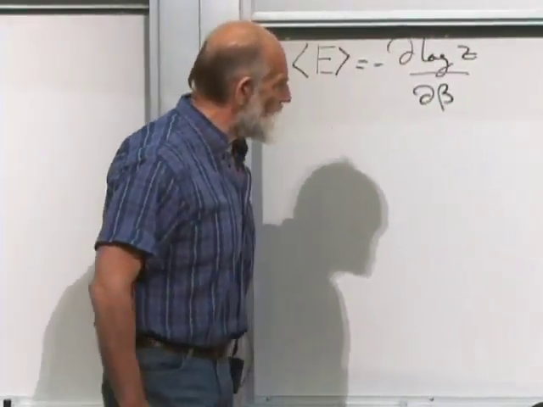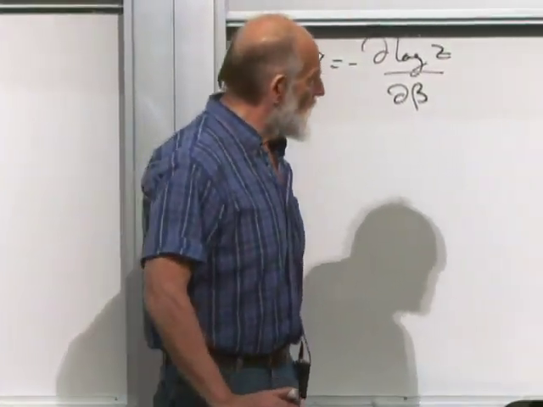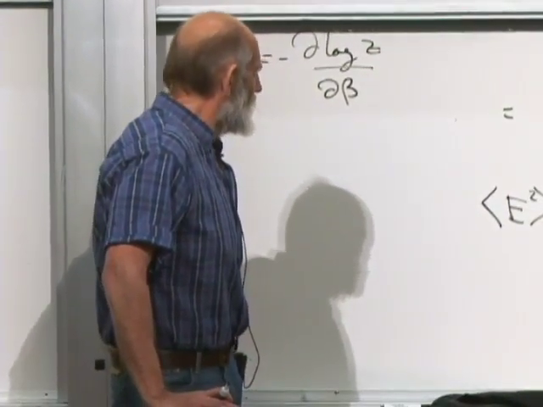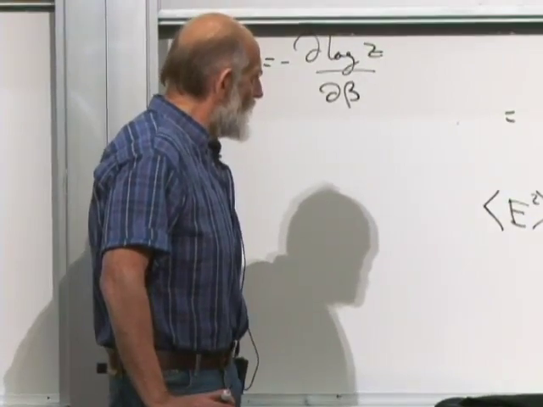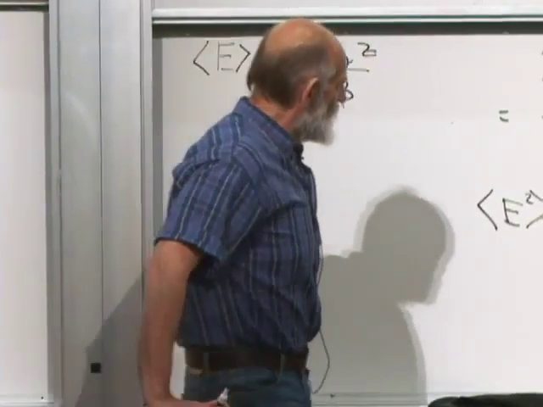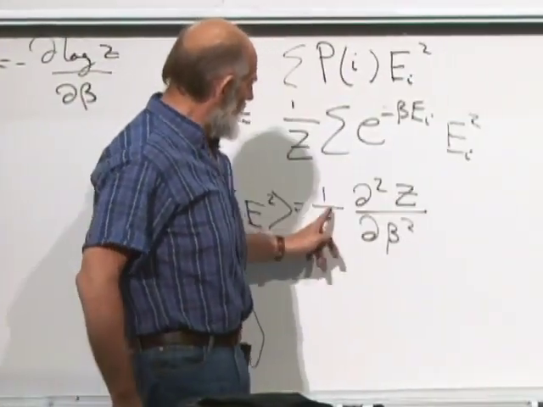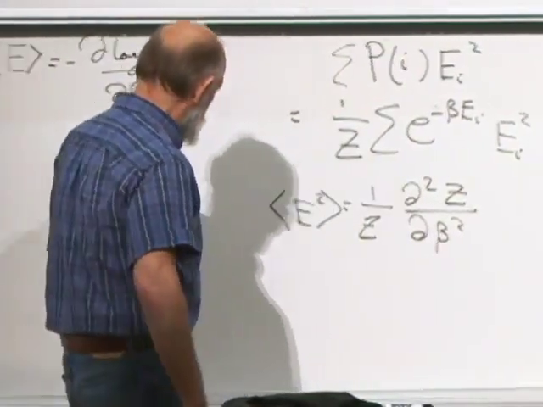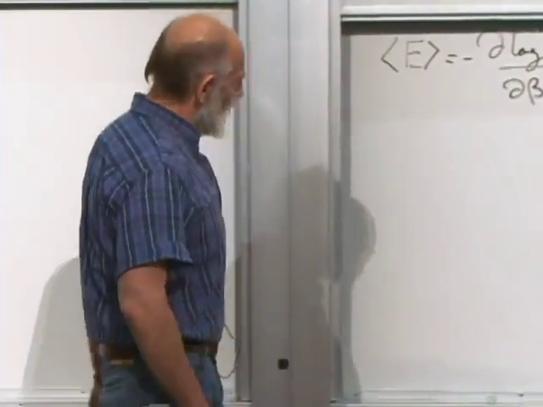I think now there's no minus sign. Z or log Z? Z. Z. E squared, it gives you two derivatives. Okay. Right. Now I can write down the variance.